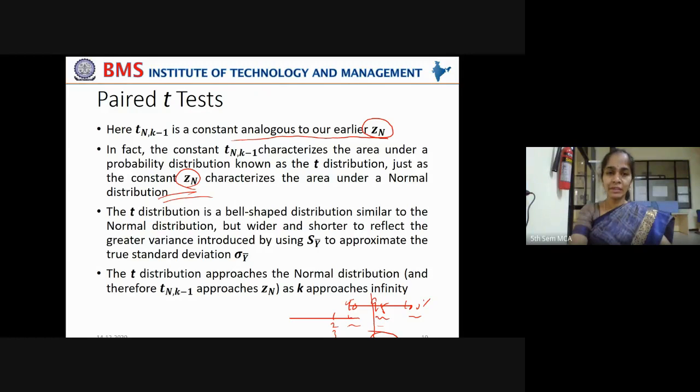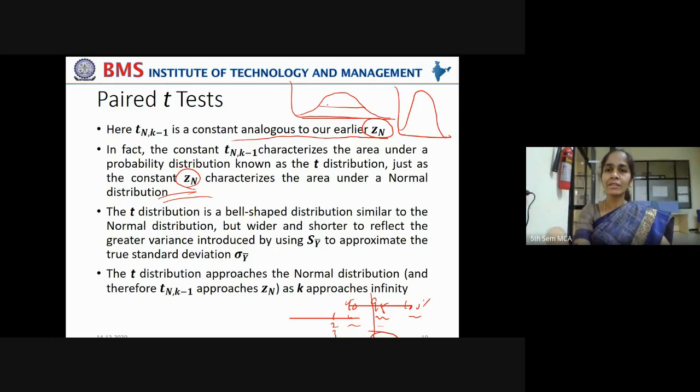Okay, now the T distribution is a bell-shaped distribution similar to the normal distribution, right? It is similar to the normal distribution. That is why we equated it to Z score, but wider and shorter. Wider and shorter means, say in normal cases, the normal distribution is like this, but in this case, it will be in this way.